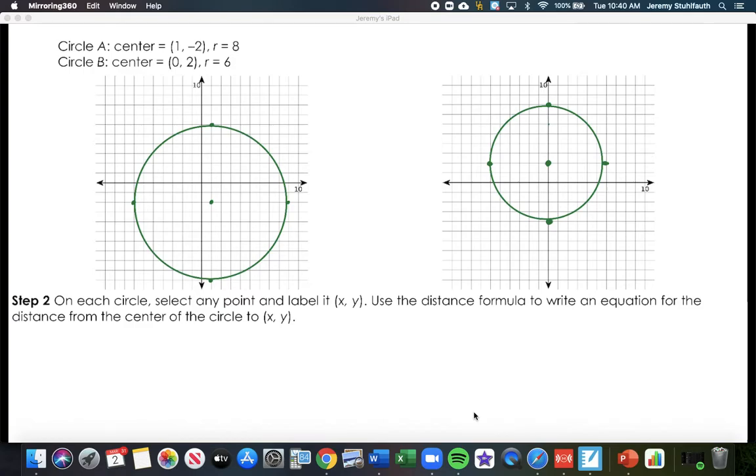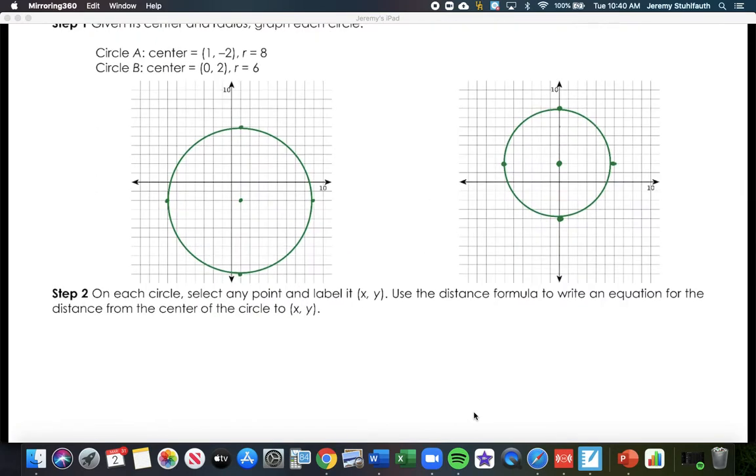Step 2 says on each circle select any point and label it (x, y). Use the distance formula to write an equation for the distance from the center of the circle to (x, y).